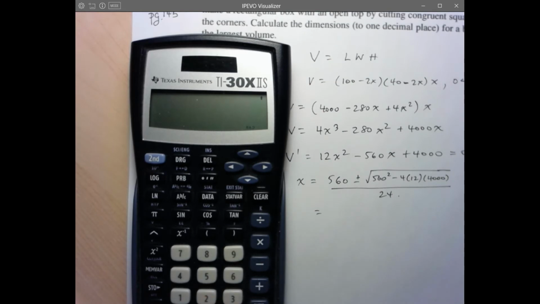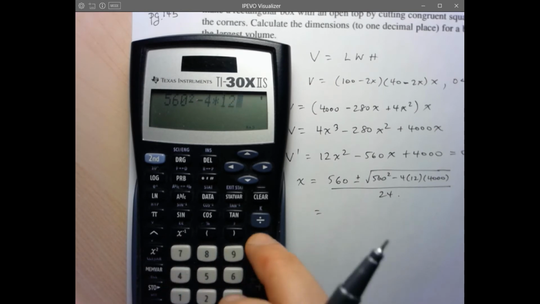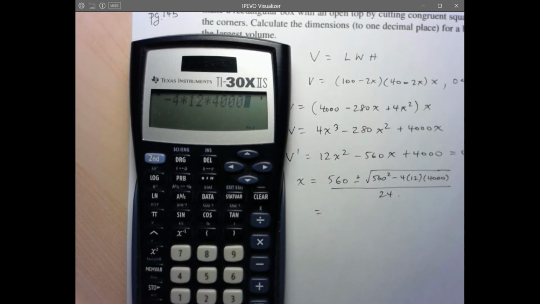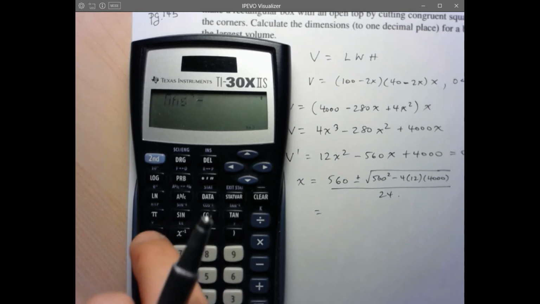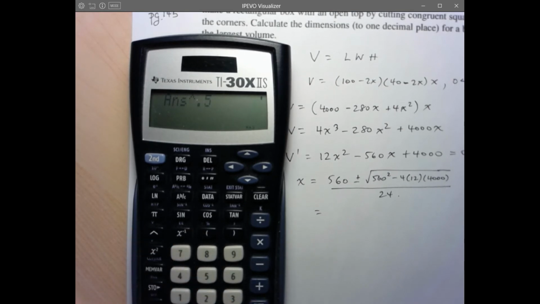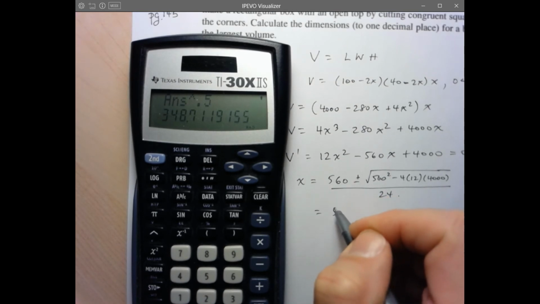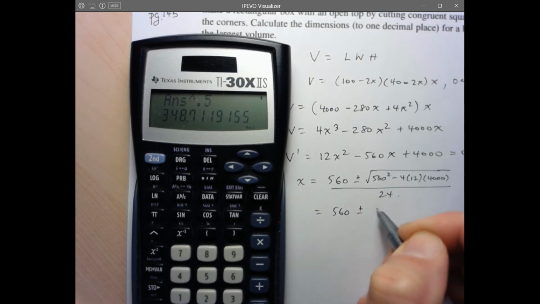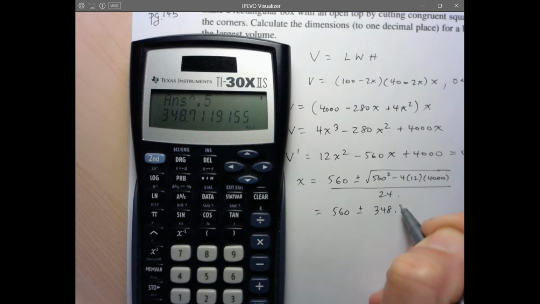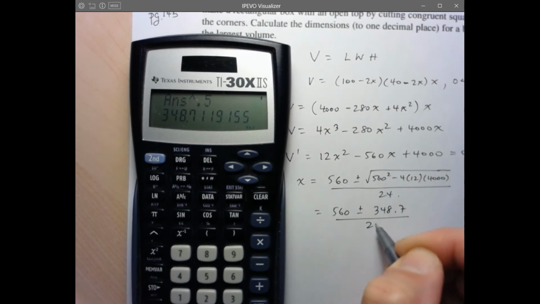All right, so I'm going to do the square root first. So 560 squared minus 4 times 12 times 4,000, and exponent 0.5 for the square root, and I see that it's less than. So I'm going to have to consider both here. So 560 plus or minus 348.7 over 24.